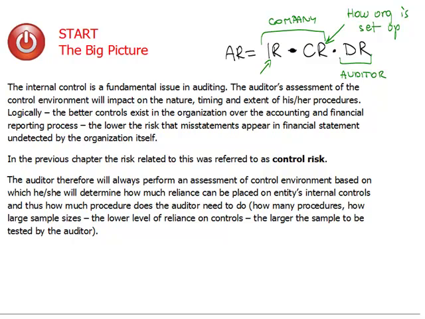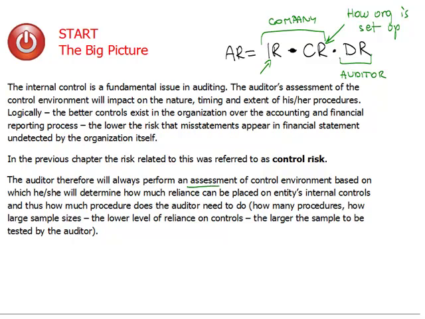However, how does the auditor know about that? How does the auditor get the comfort about the control environment within the entity? Well, unfortunately, the auditor can not only rely on their gut feeling or on discussions with management that will assure the auditor that everything is okay. Unfortunately, or fortunately, the auditor has to perform something that is called tests of control.